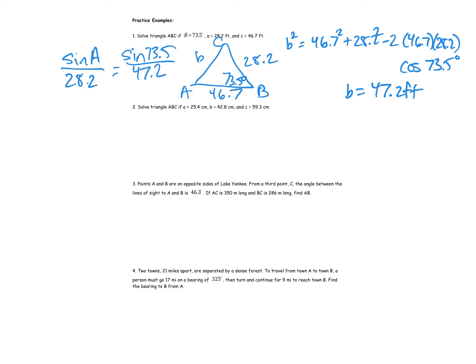And you'll end up with A being about 34.9 degrees. And then to find C, it's just going to be 180 minus the two angles, 73.5 and 34.9. So C ends up being about 71.6 degrees.